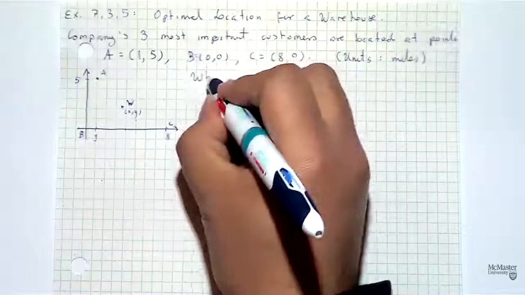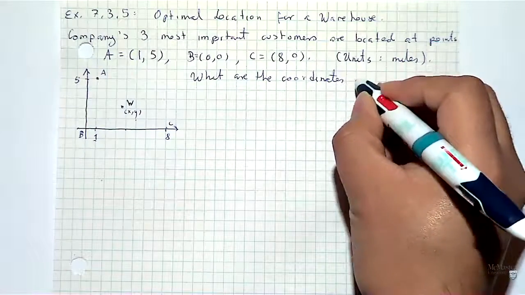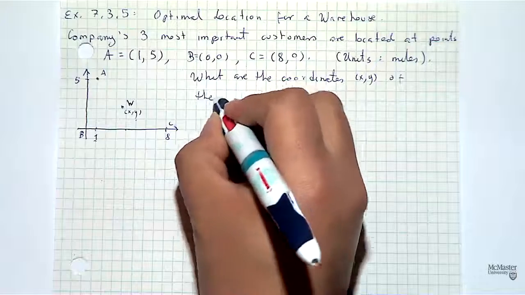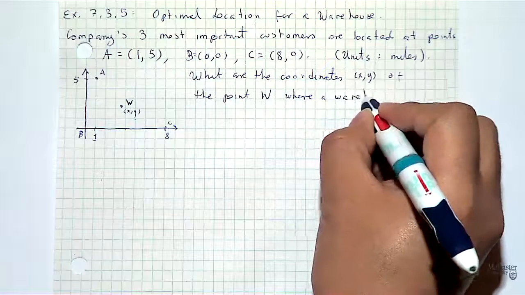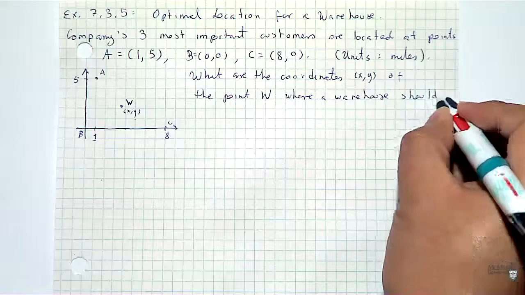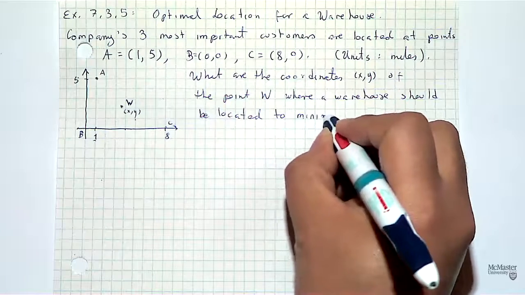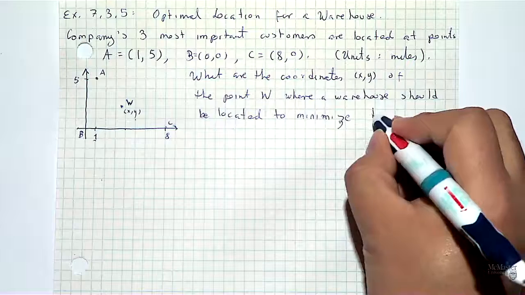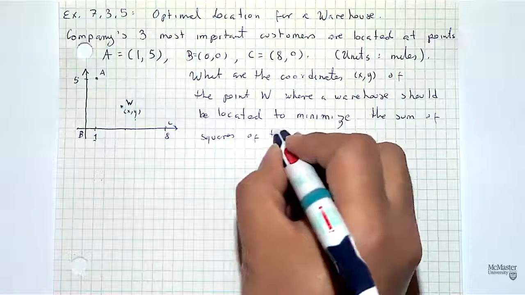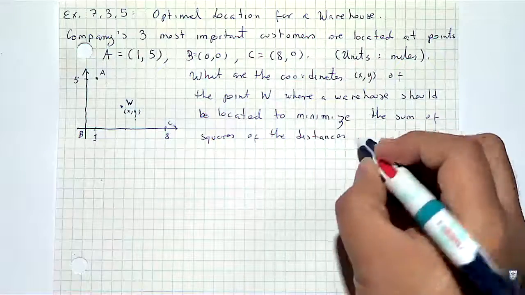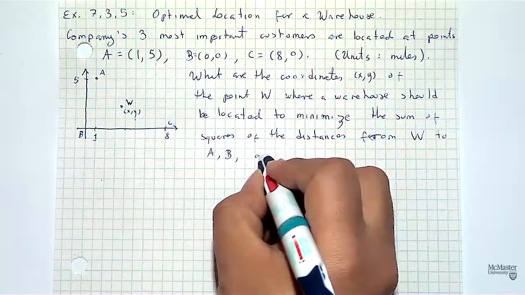And the question is, what are the coordinates x, y of the point W where a warehouse should be located to minimize the sum of the squares of the distances from W to A, B, and C.